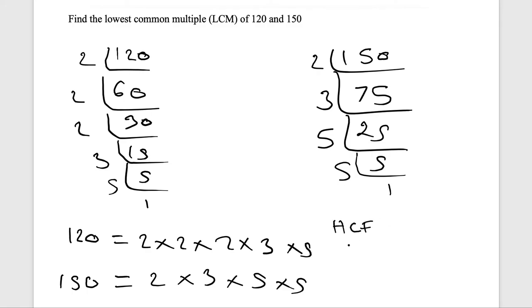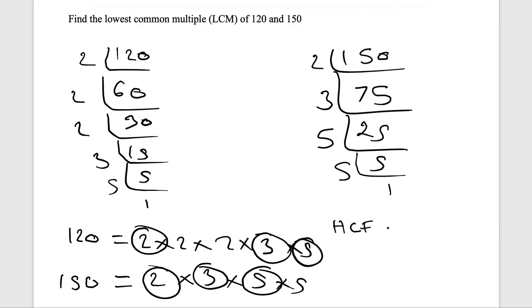So the HCF: 2, there are no more 2s, 3, and 5. So we have our HCF as 2 multiplied by 3 multiplied by 5, and that would get you an answer of 30. Yeah, so our HCF is 30.